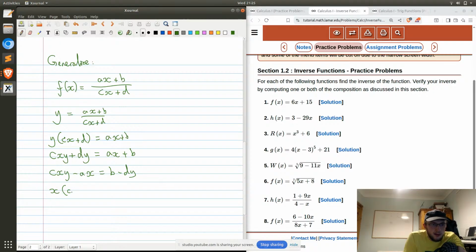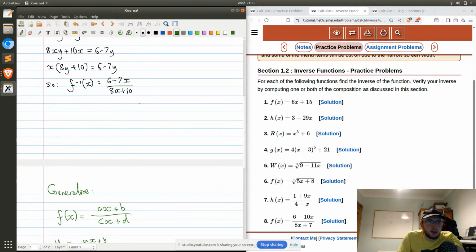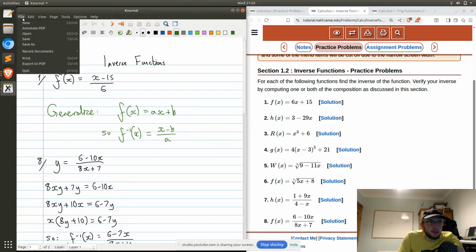Factor out x. And so the inverse becomes b take dy. Whoops, swap out for x. B take dx over cx take a. Like that. That's good enough for that set there.